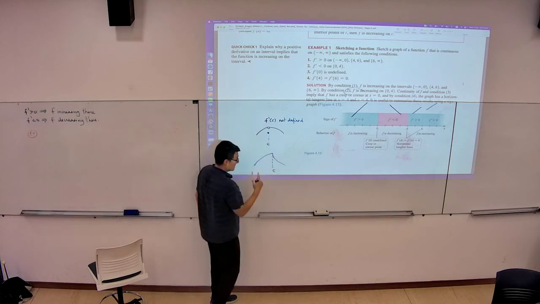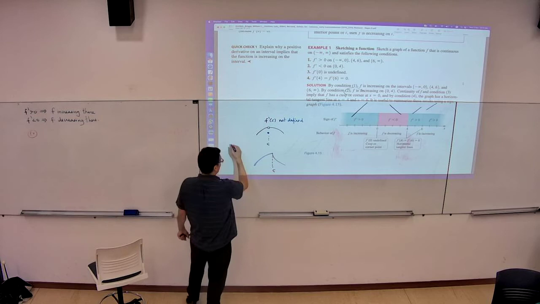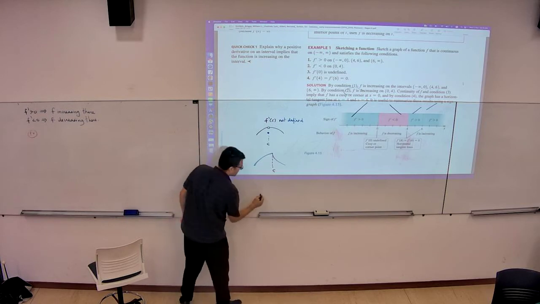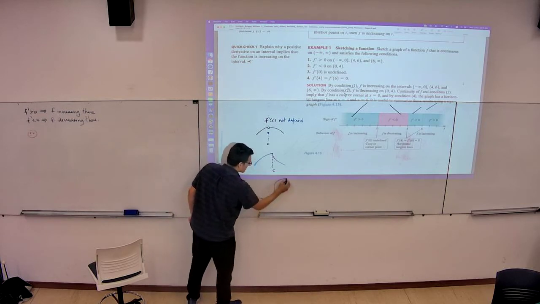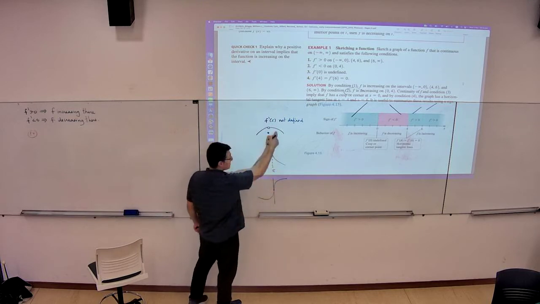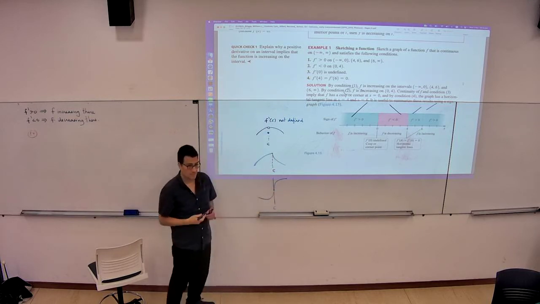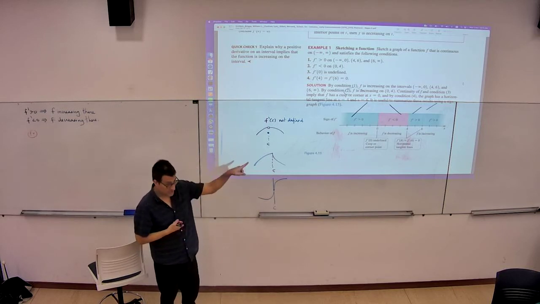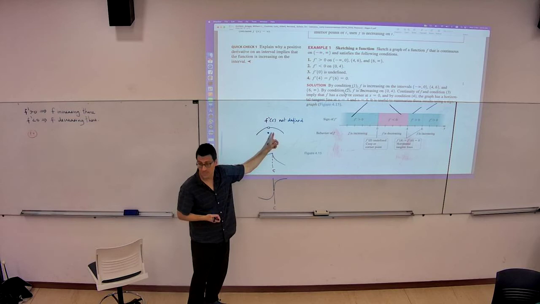So it doesn't exist. And then there was yet another case where the function looked like this. So we had sort of a vertical derivative down there. So f prime at that point C doesn't exist either. In this particular example, we know that the function is continuous.